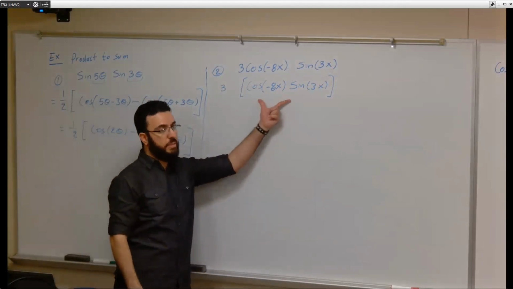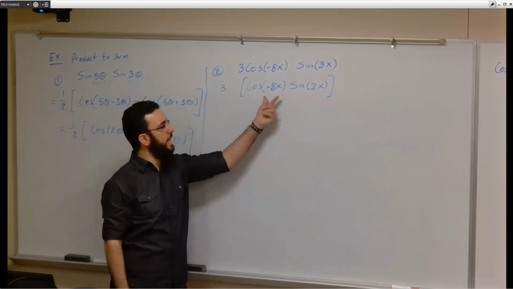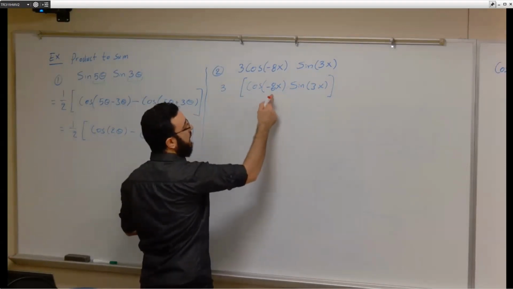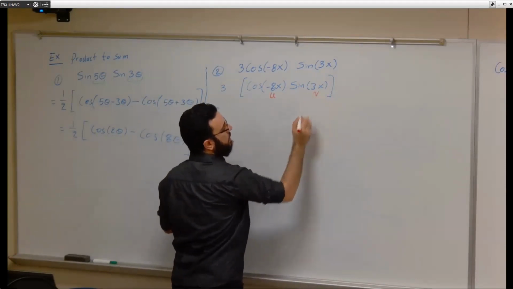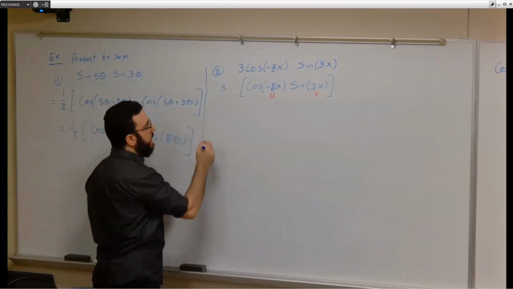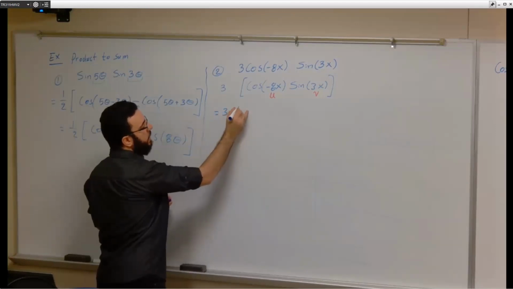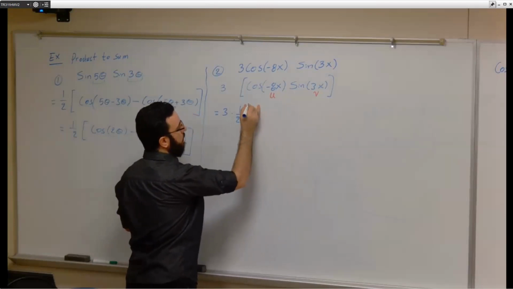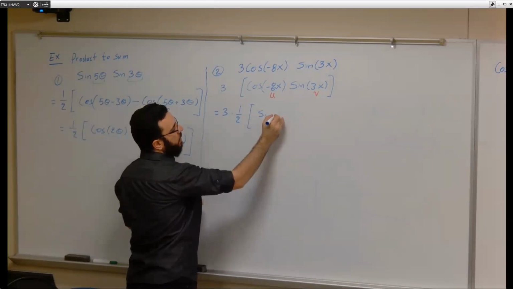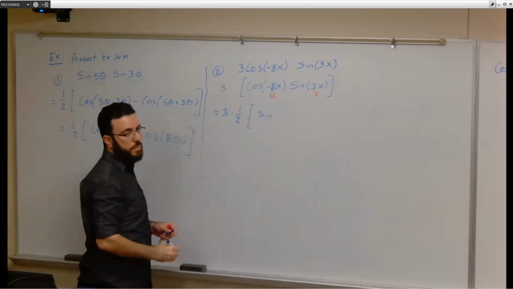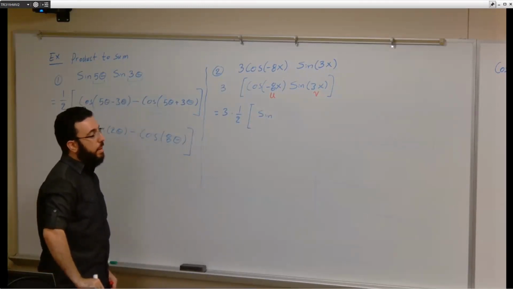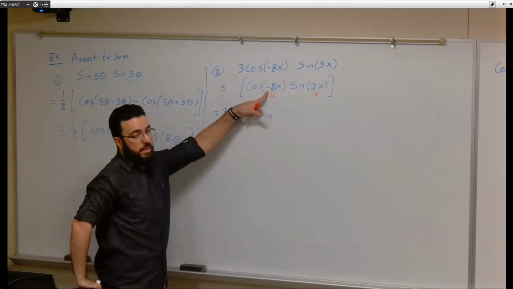Now, yes, there is a product formula similar to this one. Cosine, this is the U, and this is the V. And be careful. The whole thing here is the U, and the whole thing here is the V. Now I can use the formula. Tell me, the formula says what? Here is the 3. So it's going to be half, because I'm going to use the formula here. Bracket. The first one is going to be sine. It says sine U plus V. But check the angle here.